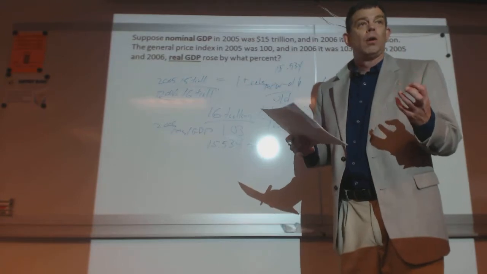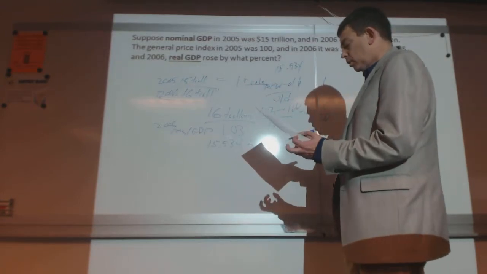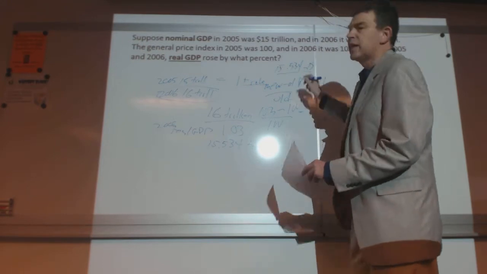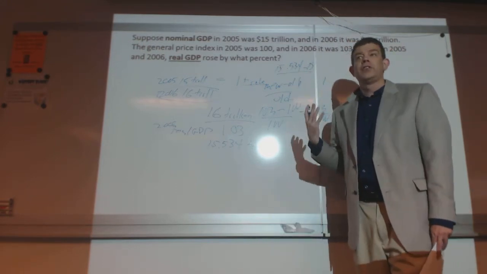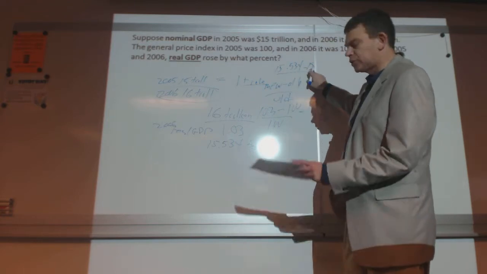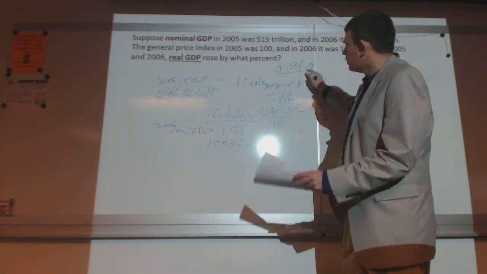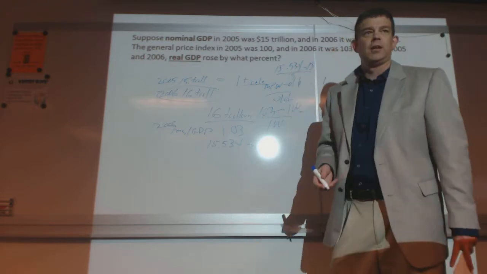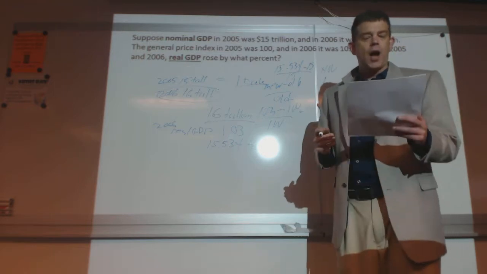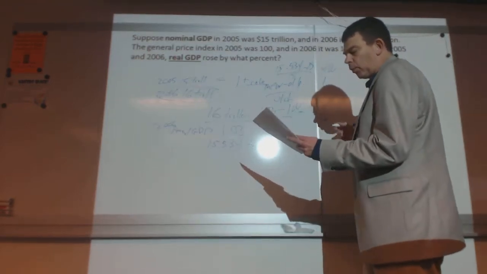That's the real GDP. We subtract 15 trillion, because that's our original base year. So it's 15.534 minus 15 divided by 15.